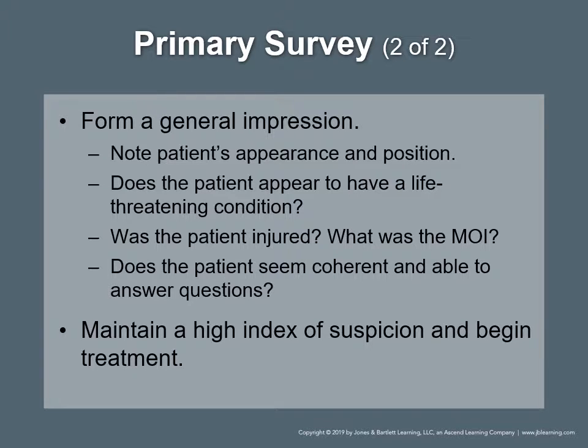Okay, so the first thing we do in our primary survey is form a general impression. And this is as we're walking up to the patient, we note how they are. We note if they're leaning forward, not looking at you. Does the patient appear to be unresponsive? Do they look hurt, or does this look like a medical issue?